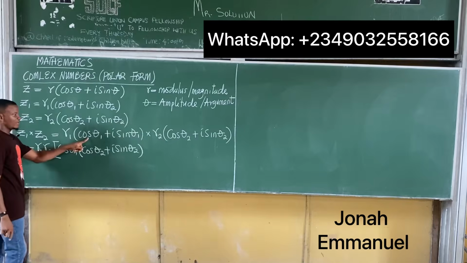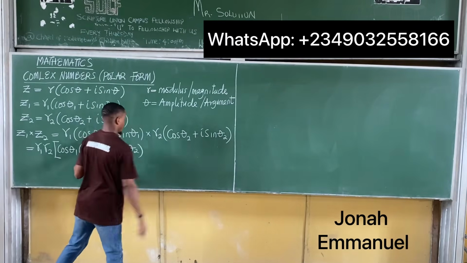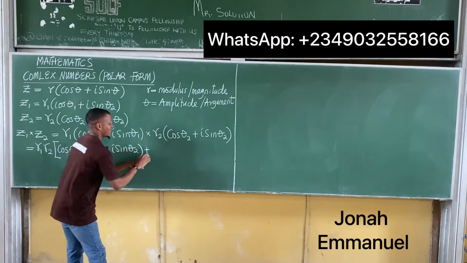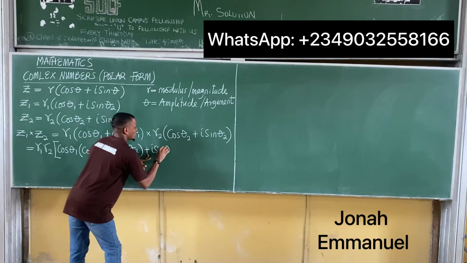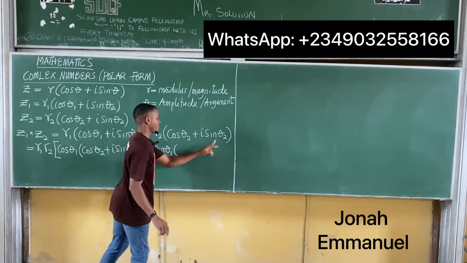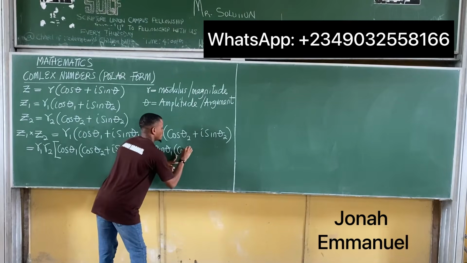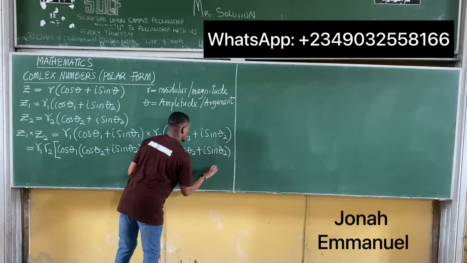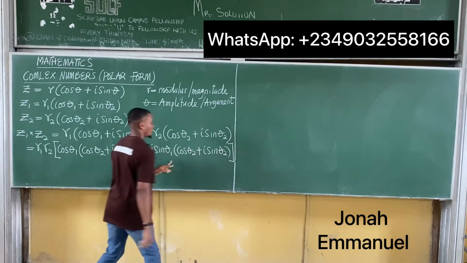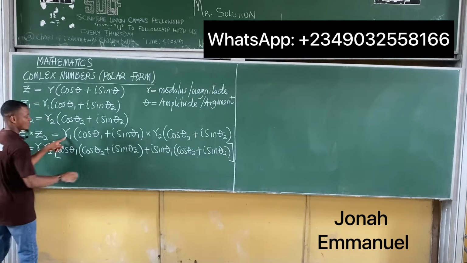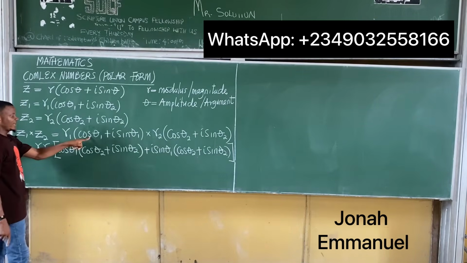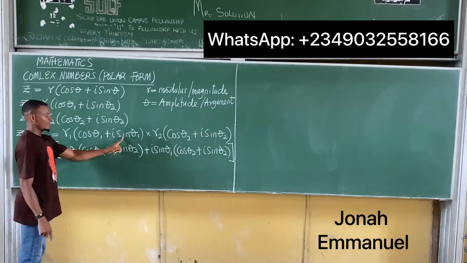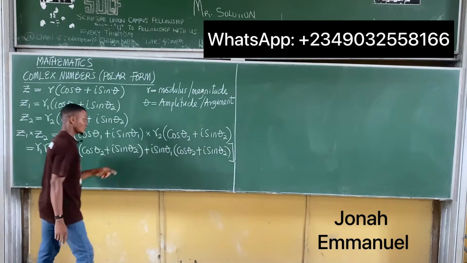Next up, plus the second term in the first bracket, i sine theta 1, multiplying everything in the second bracket: cos theta 2 plus i sine theta 2. We have this case. So simply multiply the modulus r1 r2, use the first term here, cos theta 1, multiply everything here. Next up, use the second term here, multiply everything here. All right, work this out.